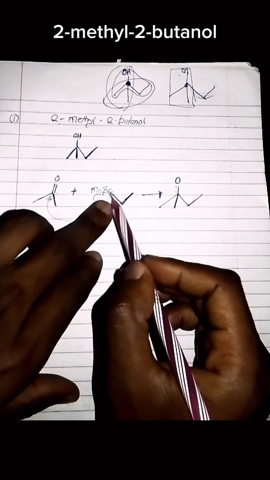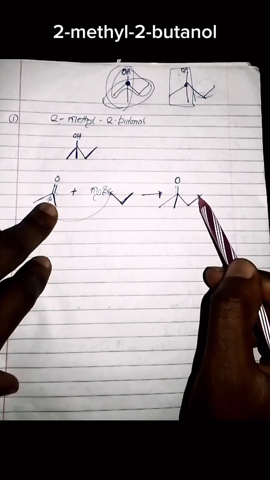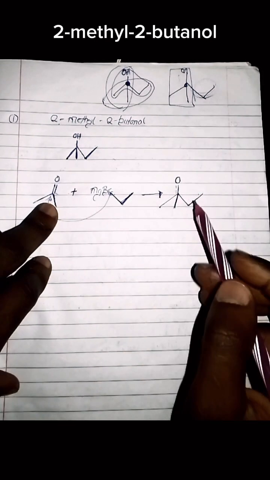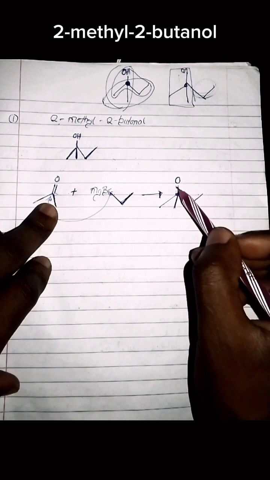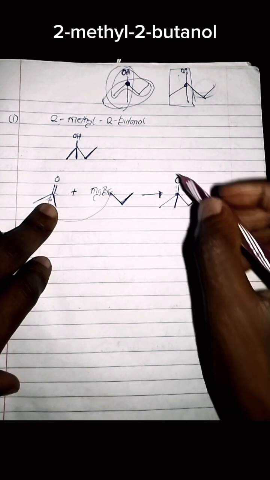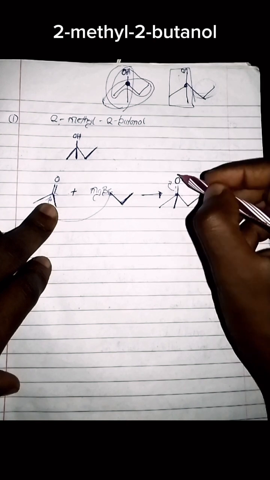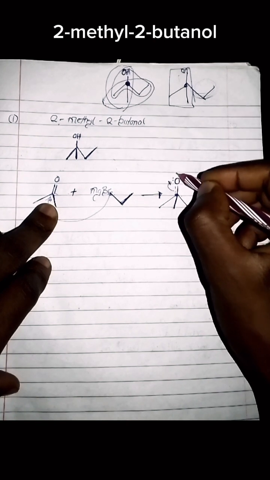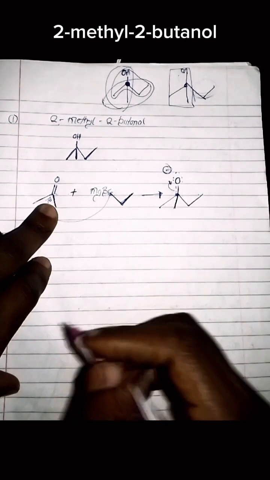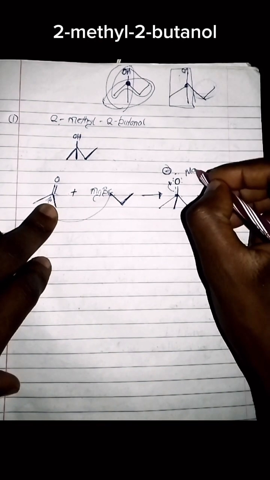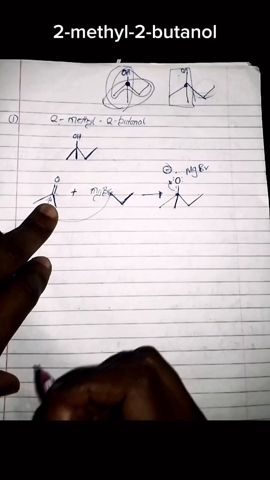Since we have this, there'll be a problem here. This carbon will be connected to 5 things: 1, 2, 3, 4, 5. The best way to avoid being connected to 5 things is if this happens. When that happens, it will be negatively charged, and it will attract the magnesium bromine like that.